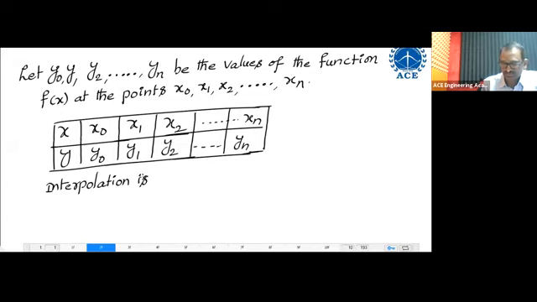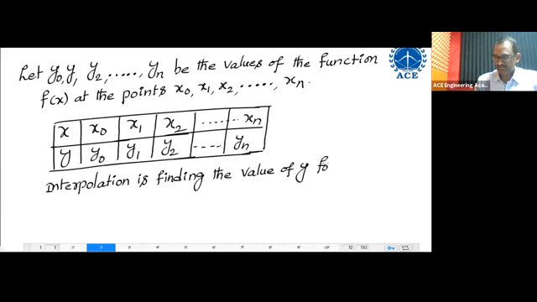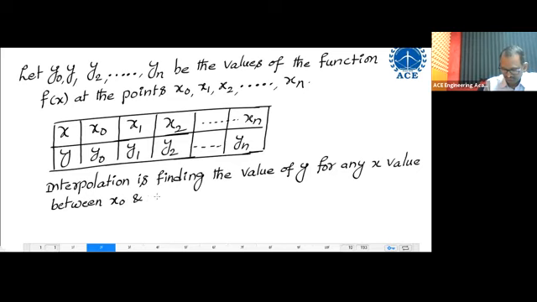Interpolation is finding the value of y for any x value between x0 and x1, or x1 and x2, and so on.